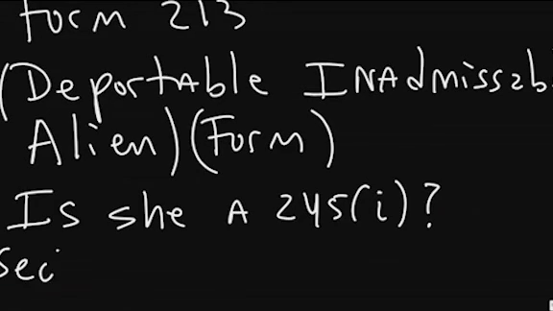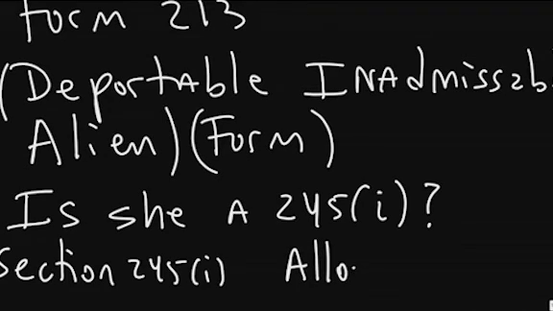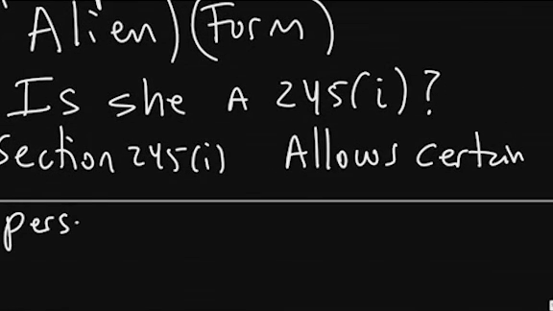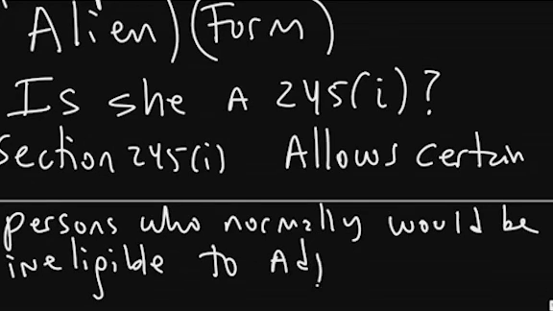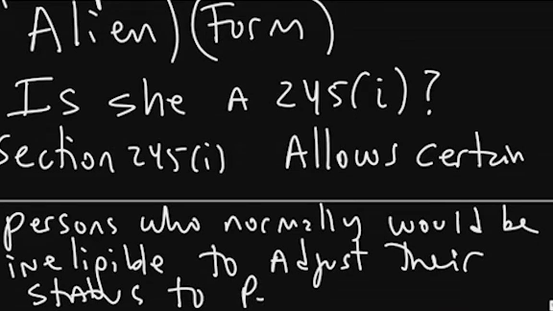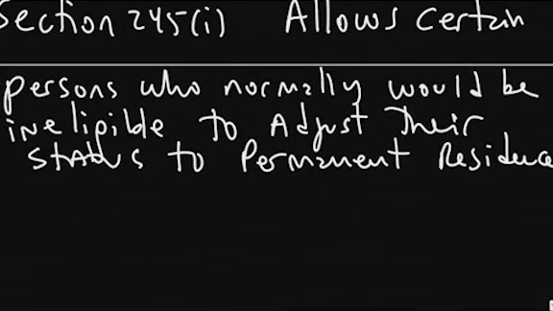Section 245(i) of the immigration law allows certain individuals or persons who normally would be ineligible to adjust their status to permanent residents in the United States.